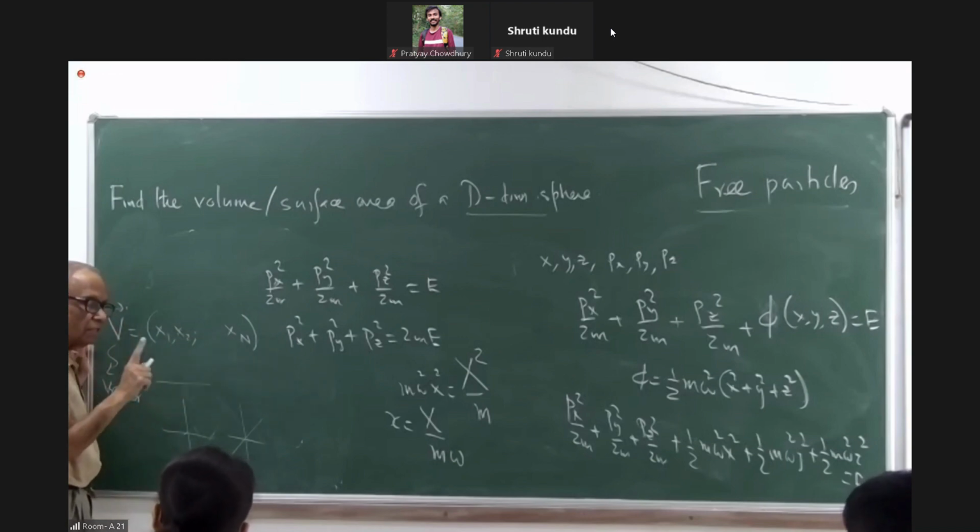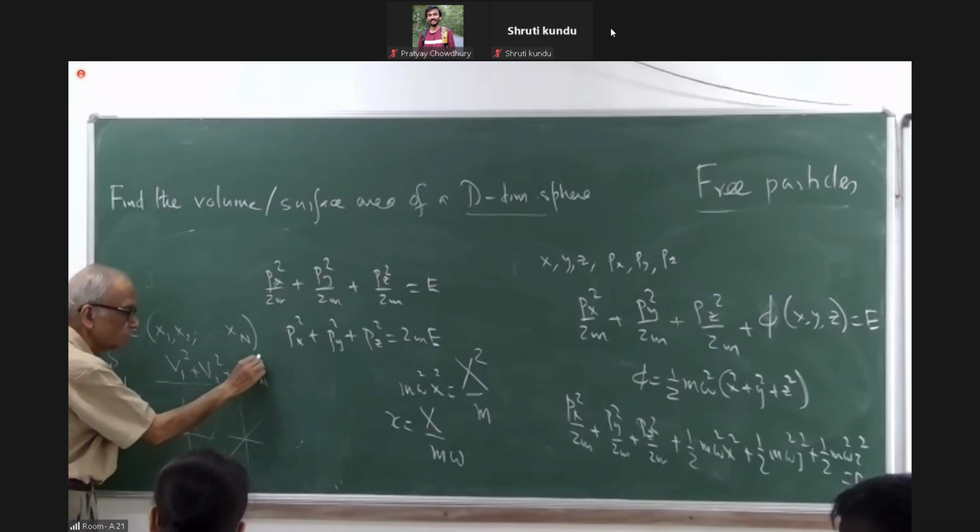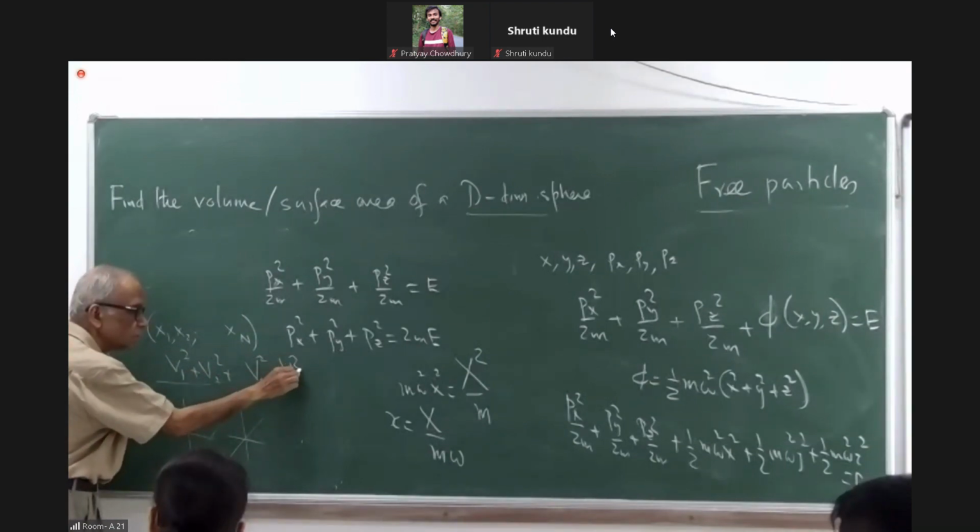It has a direction in that n-dimensional space. It also has a magnitude in that n-dimensional space, and that magnitude is given by the components v1 squared plus v2 squared up to vn squared, and that is equal to v squared.